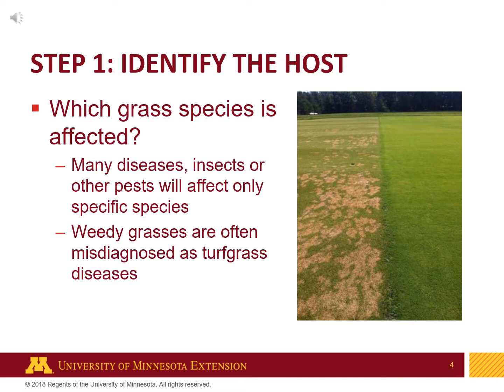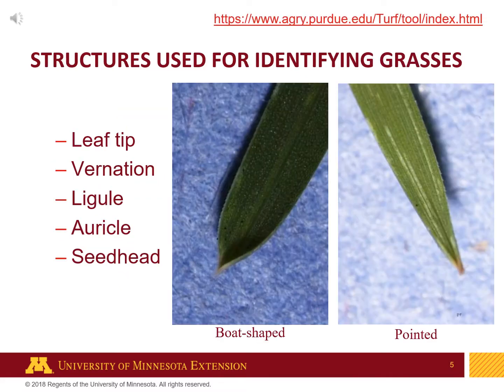Another reason it's particularly important to identify the grass species is because many weedy grasses are often misdiagnosed as turfgrass diseases, a good example being rough bluegrass. There are numerous turf structures that can be used to aid in identifying grasses, such as the leaf tip, the vernation, which means rolled or folded in the shoot, ligules, auricles, and seed heads.